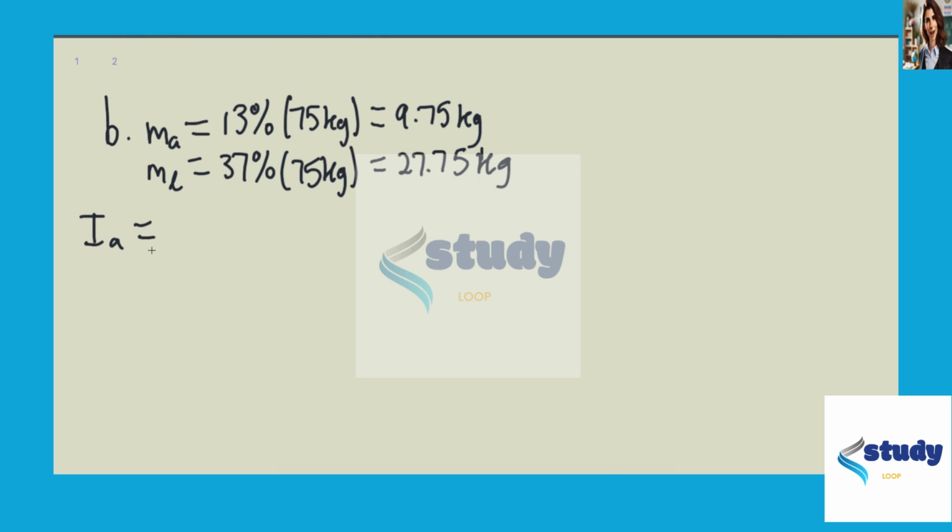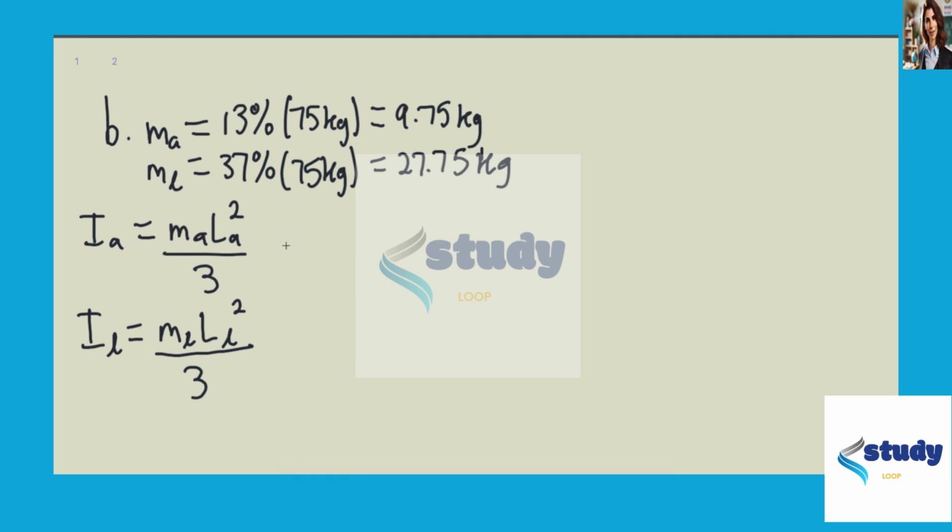And at this point, we can say that the moment of inertia of the arms about the shoulder would be I sub a, equal to m sub a L sub a squared divided by 3. And then for the legs, we have m sub l L sub l squared over 3. This would be the moment of inertia of the legs about the hips.